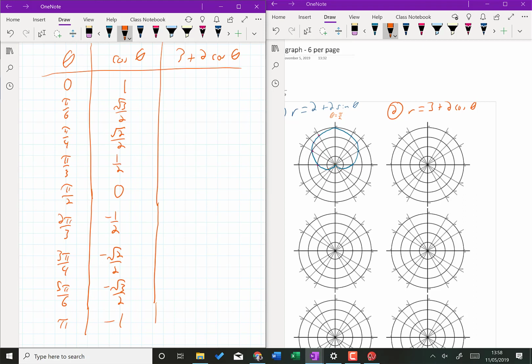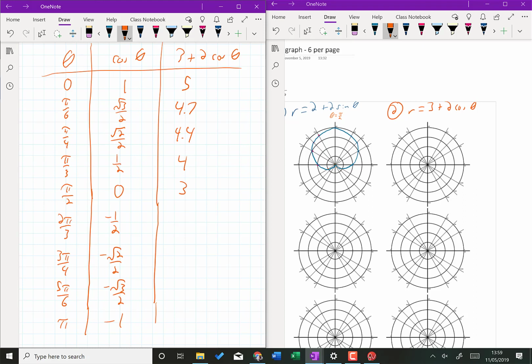Then 3 plus 2 times these isn't too hard once you've built these up. 3 plus 2, 3 plus root 3, 3 plus root 2, 3 plus 1, and 3 plus 0.